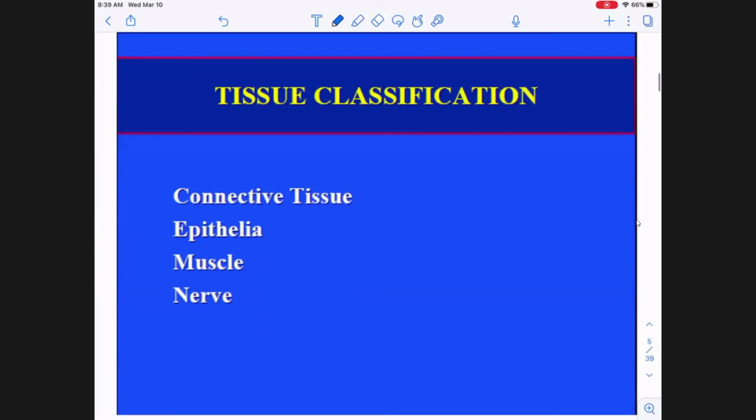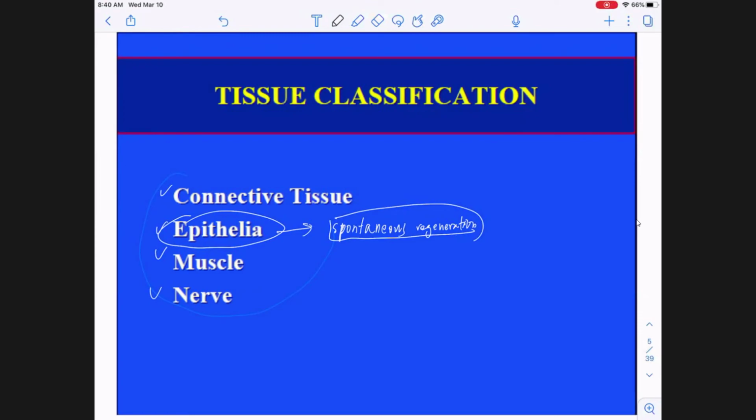You will see we have four types of tissue: 1, 2, 3, 4. Only one can spontaneously regenerate, the epithelial layer.